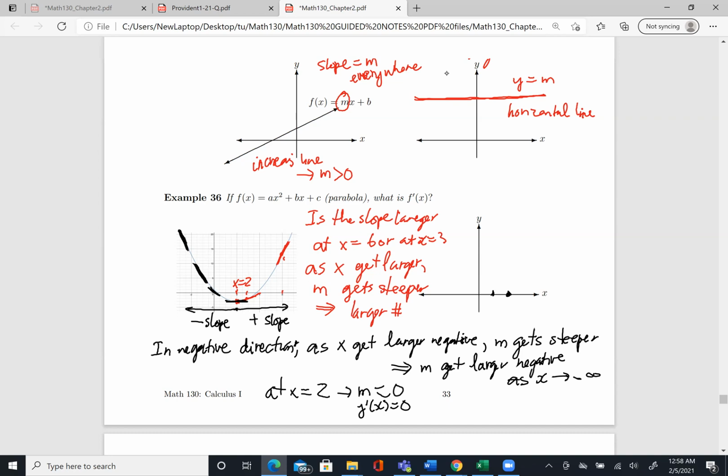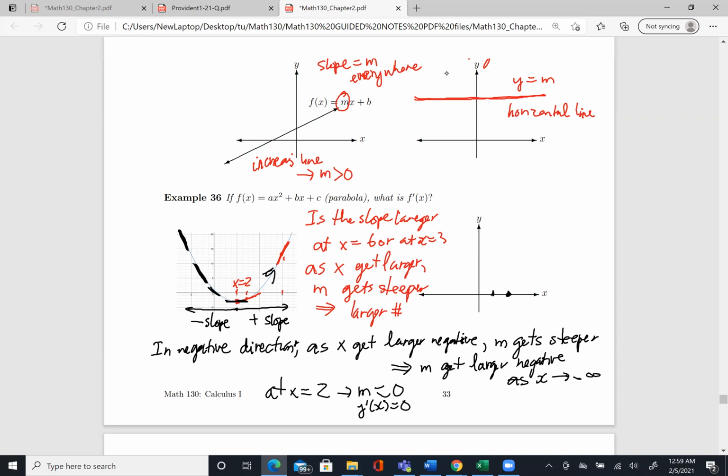So before 2, it was a negative number, and the value just becomes very, very negative. And after 2, it becomes positive because the graph is just increasing.